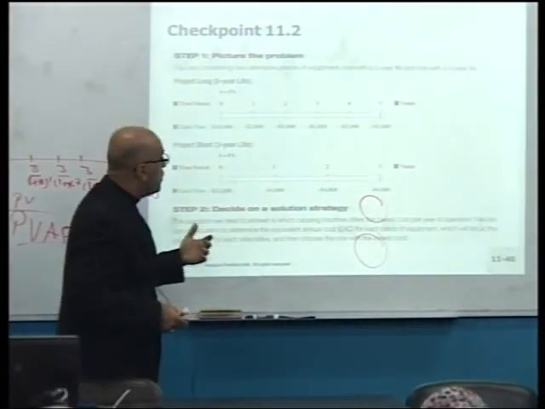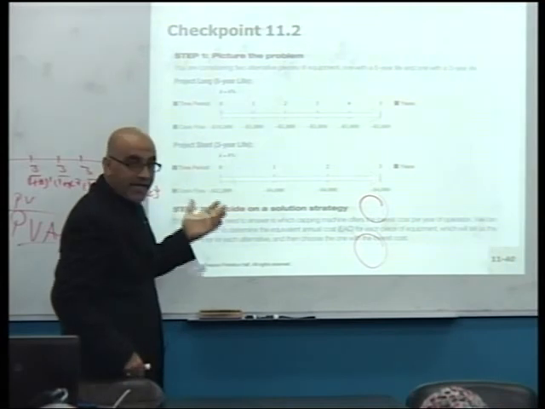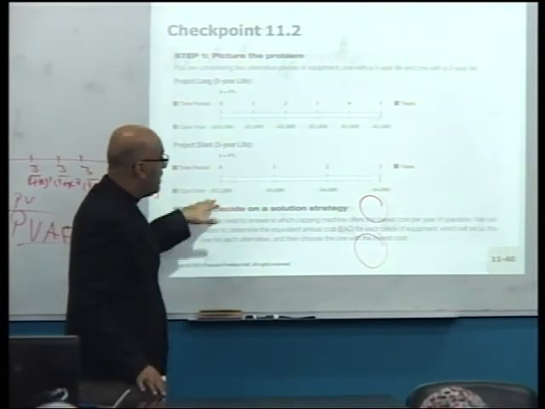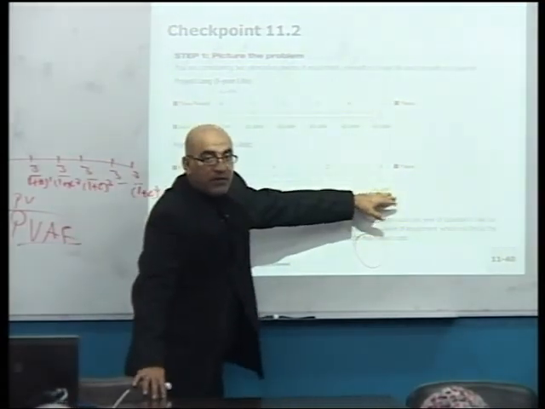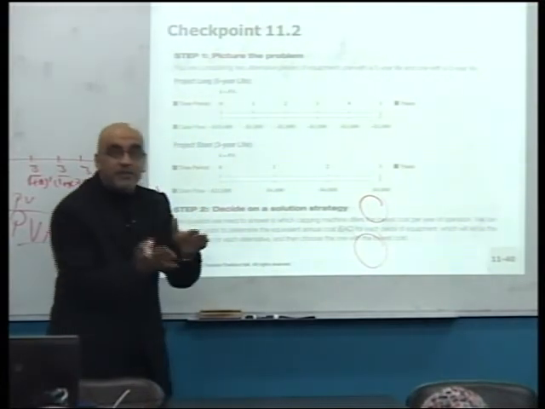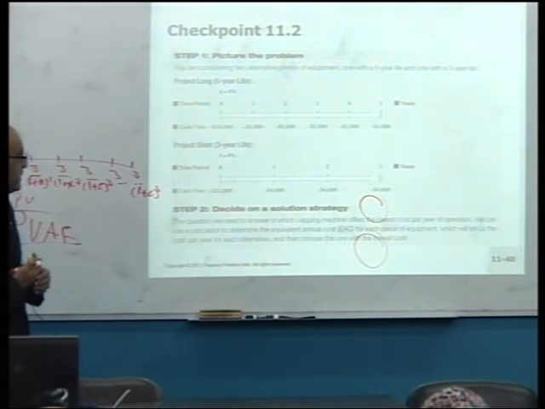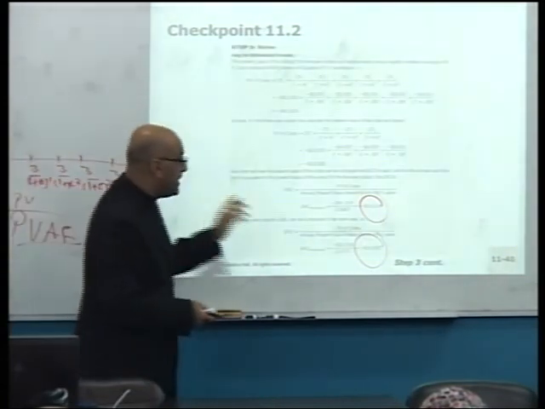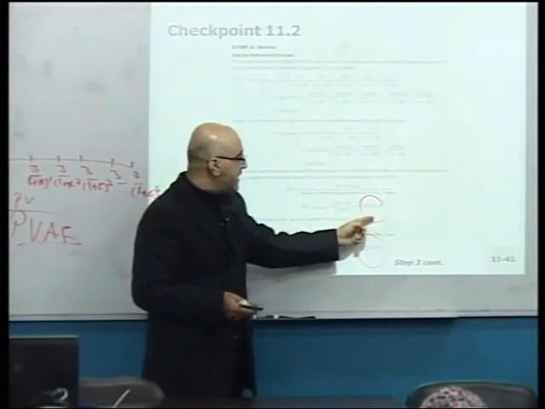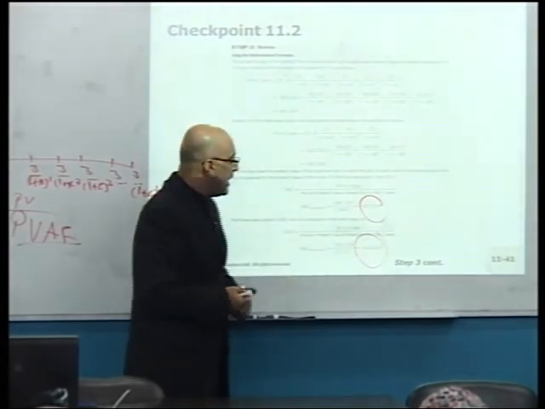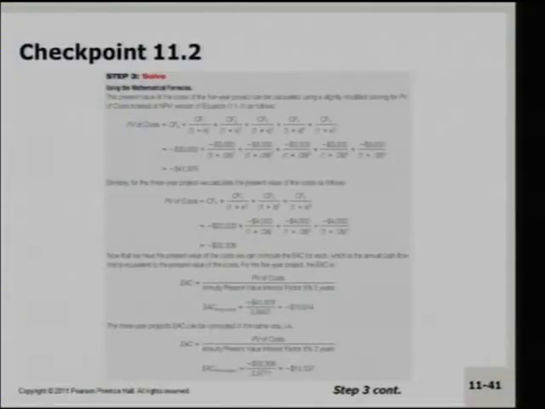And I ask the same question for this one. Then I compare the two with similar lifespans. This is what I've done in this example. It means here the annual cash flow is 10,000, and here it is 12,000. In this case, this is the cheaper.